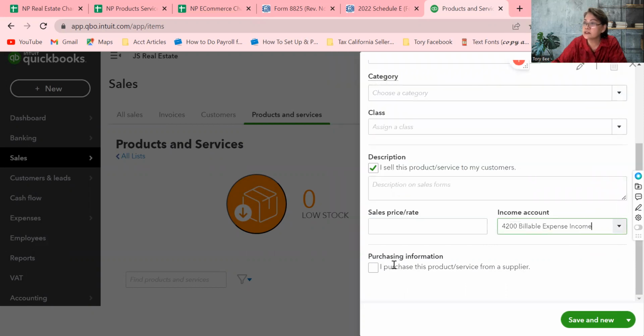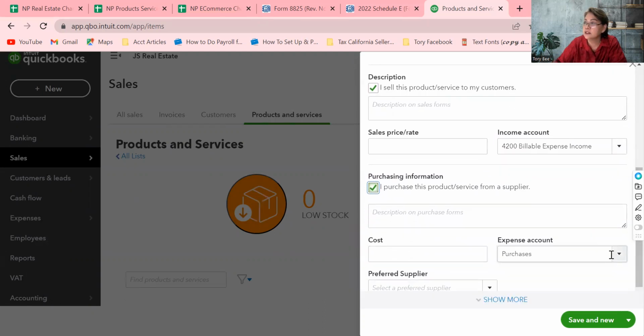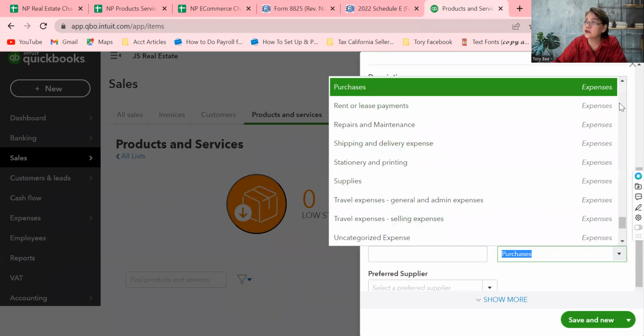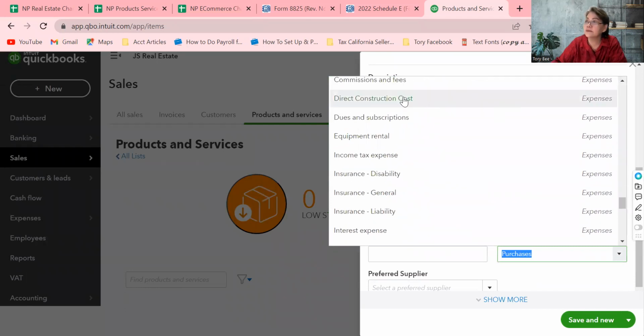Billable expense, check this. What expense is this? This is a direct construction cost here.